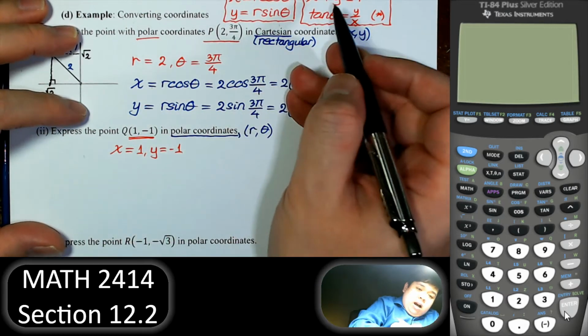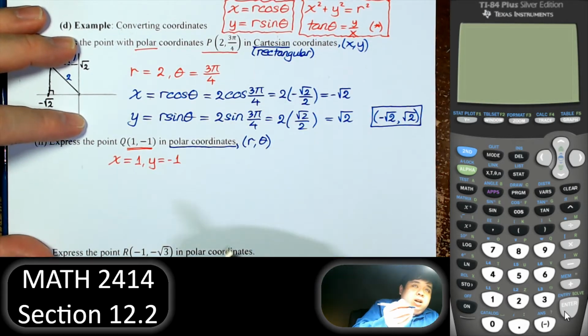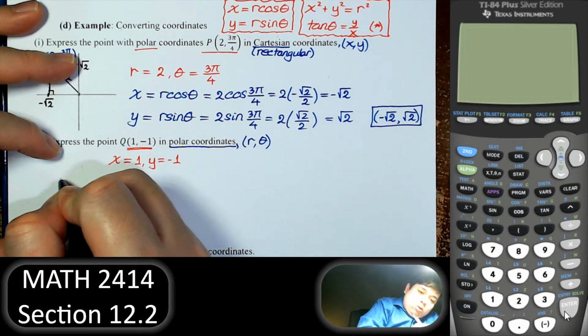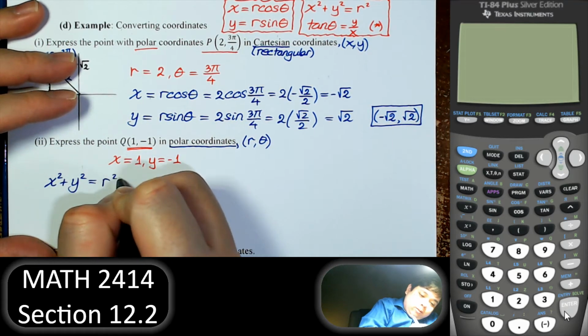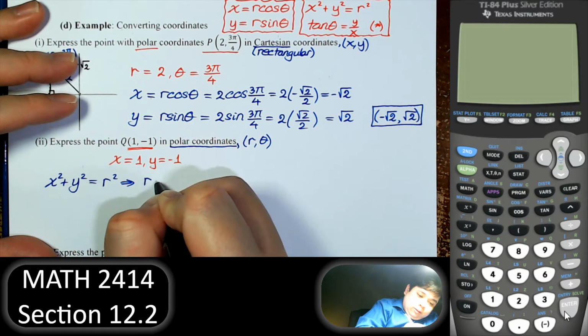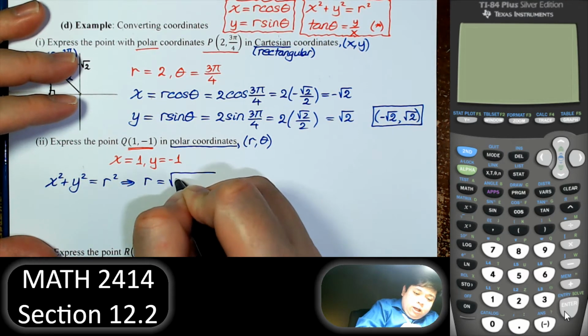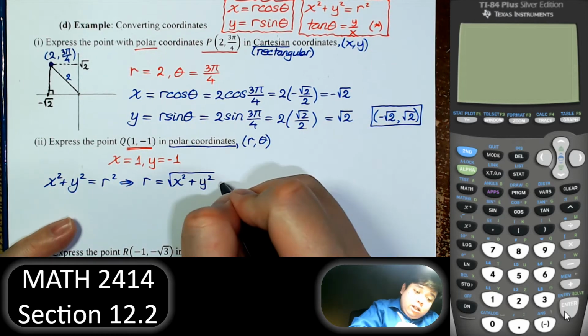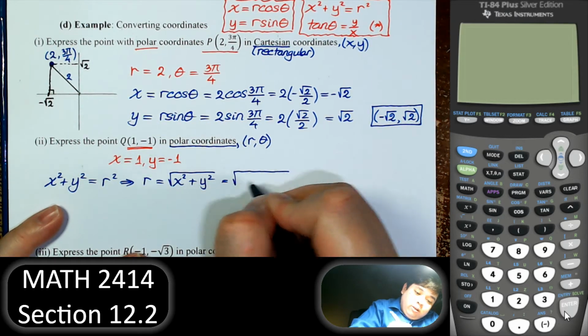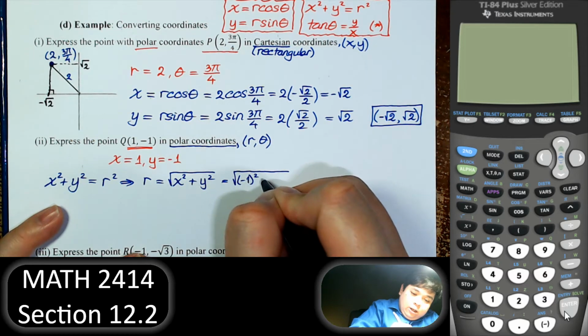So x squared plus y squared equal r squared, or r squared equal x squared plus y squared. Let's choose r to be positive. So we can do that. And we have square root of x squared plus y squared.